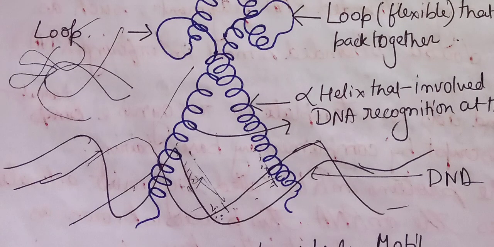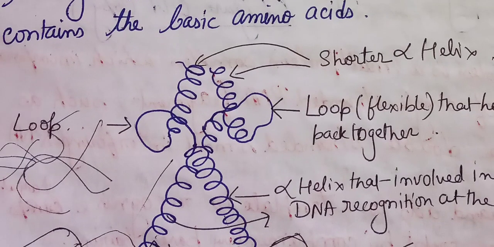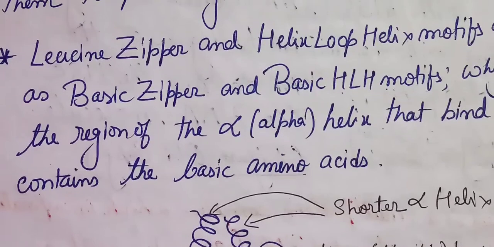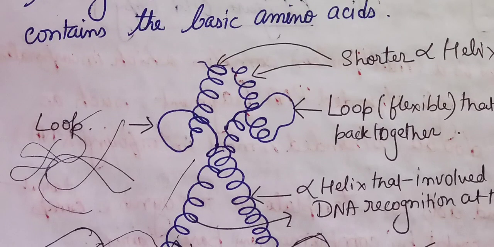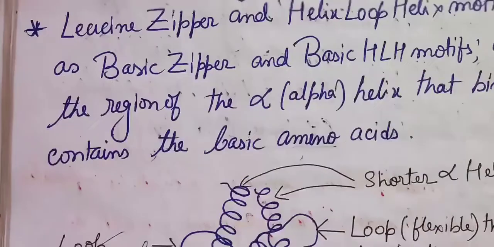This second part is involved in recognition with the DNA. The first part, the shorter part of the alpha helix, is involved in dimerization with each other to form a dimer, and the second part is involved in recognition with the DNA.